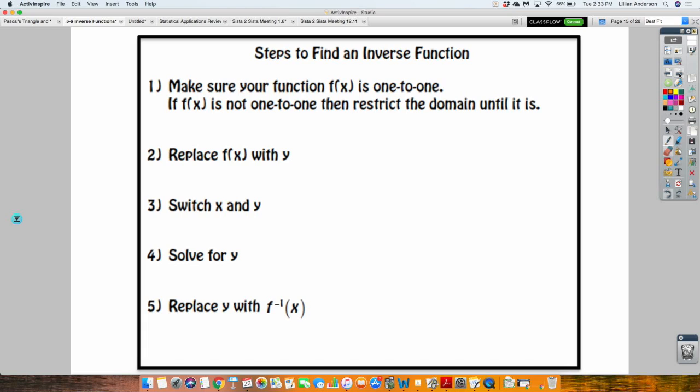After that, you want to replace f of x with y, because that's pretty much what f of x equals. And then once you get that correct notation, that's when you switch x and y. Once you switch x and y, you solve for y.